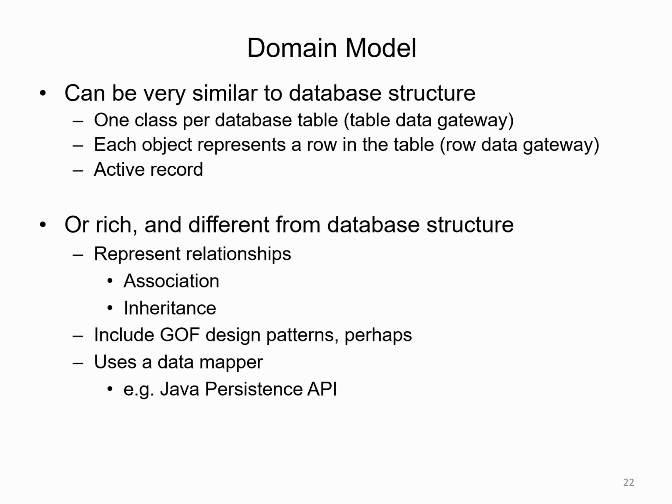One of the ways that you can do that is using a data mapper, and the Java Persistence API is an example of a data mapper. And it sits between the domain model and the relational database and takes care of keeping the two synchronized so that there is no incompatibility between the data in one and the data in the other.